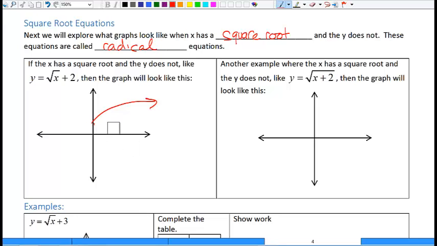Another example where the x has a square root and the y does not, like y equals the square root of x plus 2, is going to look like this. Okay, so the graphs can be shifted, moved around, but it's going to kind of be like that U shape, laying down on its side, but with one of its arms cut off.